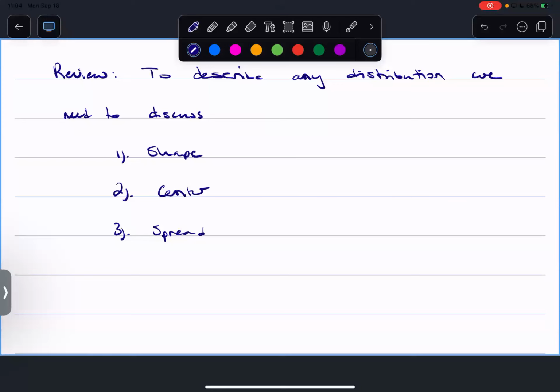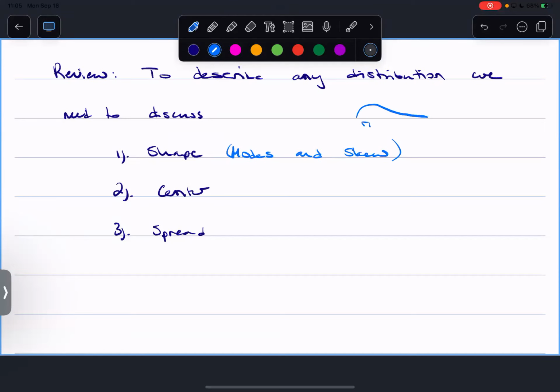Typically we're focusing on unimodal distributions. And so we can talk about modes and we can also talk about skew. Usually I would review skew, but for today, because we're going to talk about it again, I just want to remind you that something like this is skewed to the right, or positive skew, because it's always skewed in the direction of the tail.